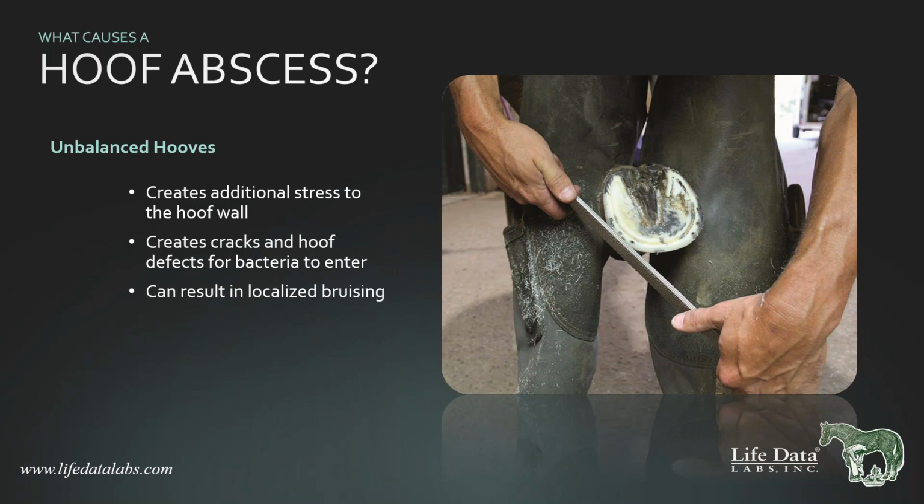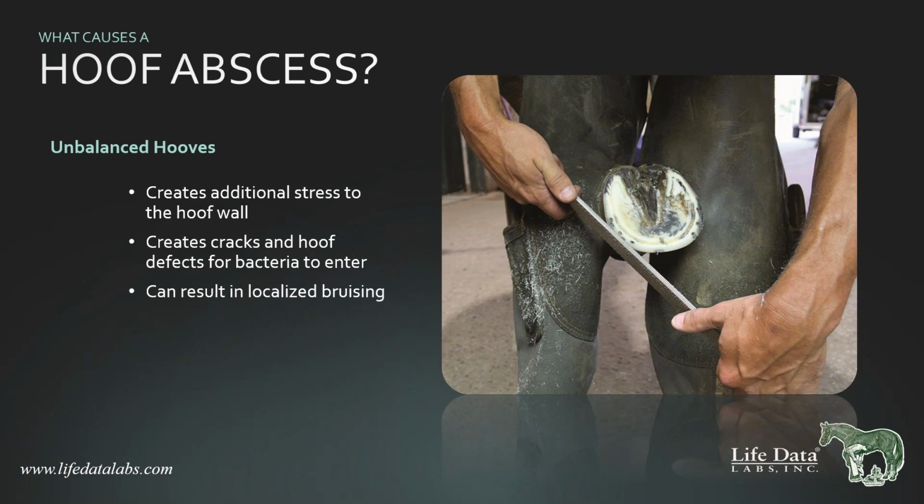So what I mean by that is, for example, the hoof, barefoot or shod, it's not going to make any difference, if one side is higher than the other, whether the front of the hoof, the back of the hoof, the inside or the outside, the horse will have extra stress or strain on that portion of the foot and cause that wall to separate.